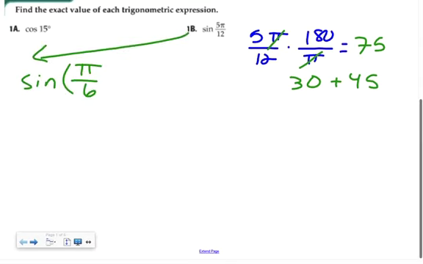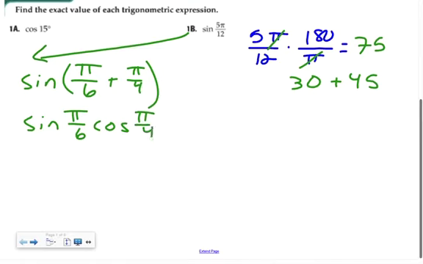So what I'm finding is the sine of pi over 6 plus pi over 4. So that's sine of pi over 6 times cosine of pi over 4 plus cosine of pi over 6 times sine of pi over 4.